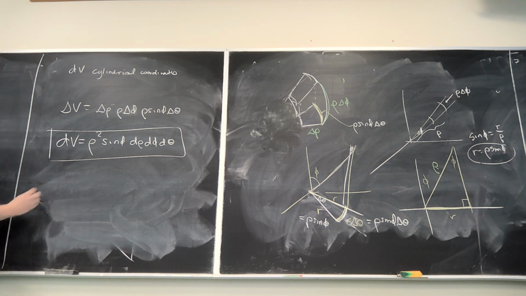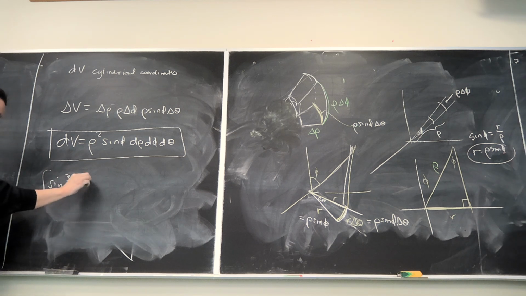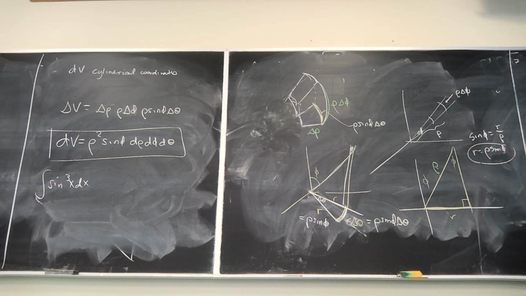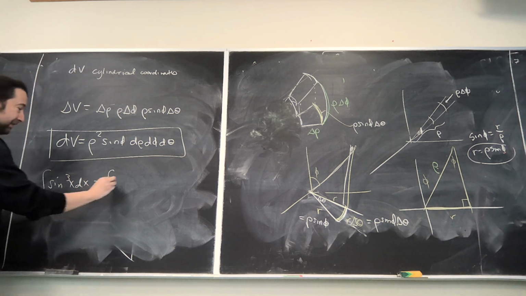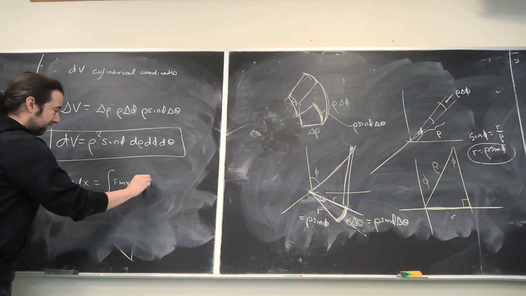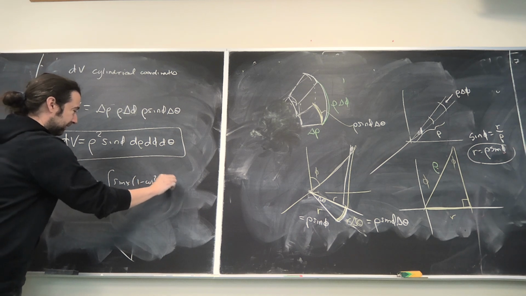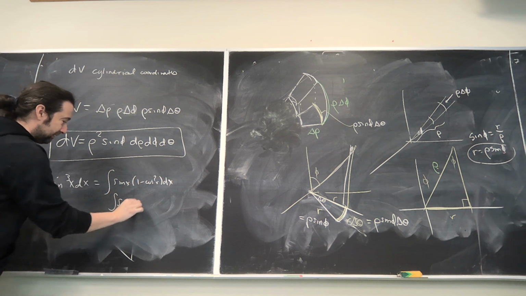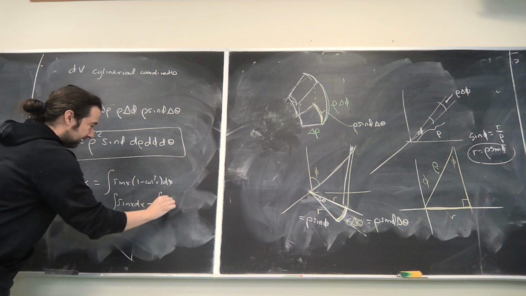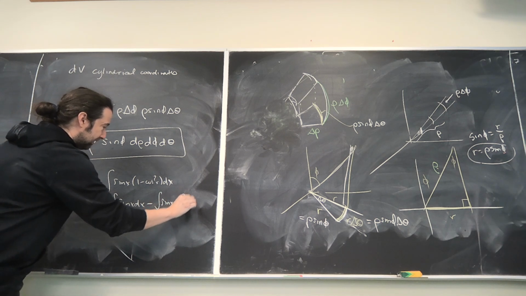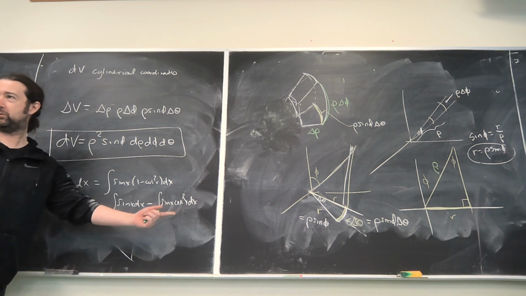For example, how many of you remember how to do this? Sine squared. It's sine x and then 1 minus. So the trick, if you don't remember it, is you write this as sine of x times 1 minus the cosine squared of x dx, and that gets you the integral of sine, which is easy, minus the integral of sine of x cosine squared of x dx, which is a u substitution where u is equal to cosine.